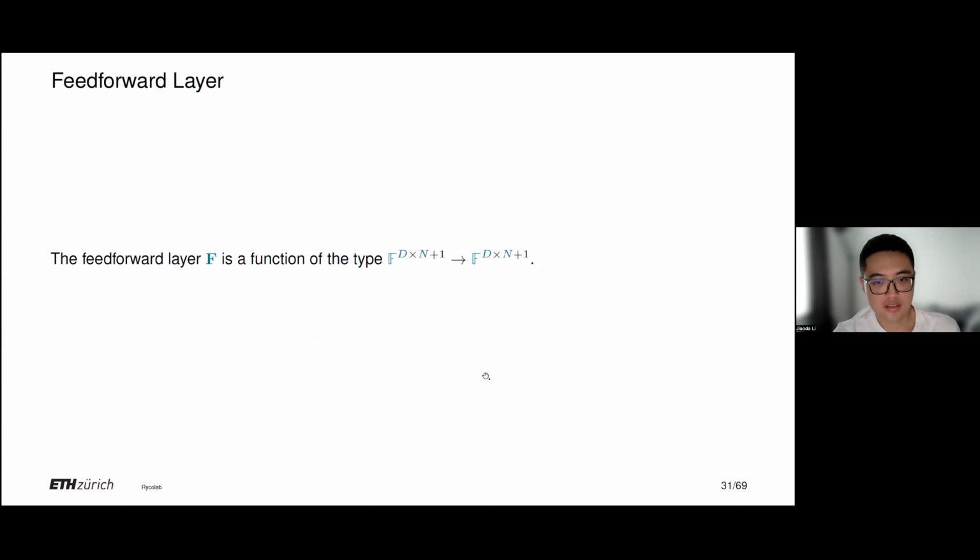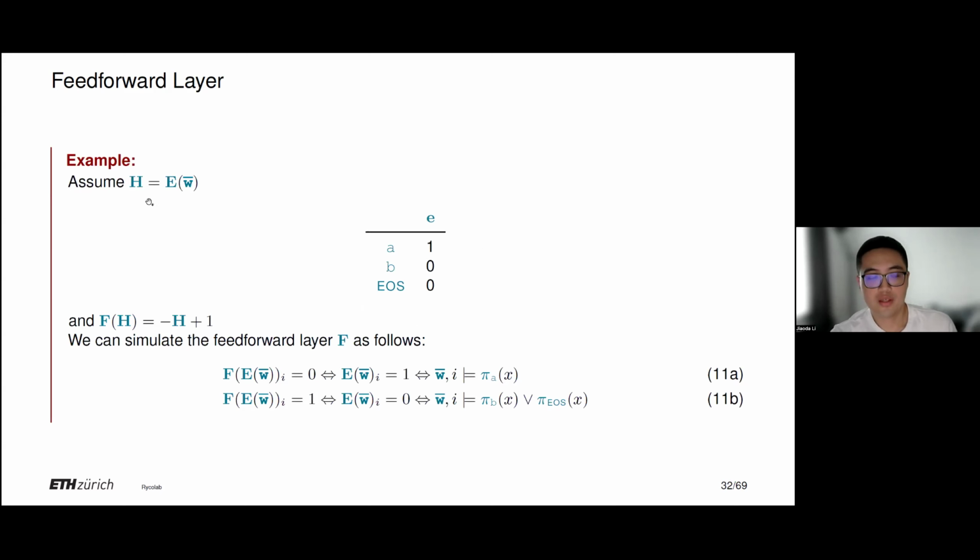The next component we consider is the feed-forward layer, which is just a function of this type. As long as it's deterministic and we have a finite input space and finite output space, we can just enumerate all the possible inputs and all the possible outputs. For example, assume the input to the feed-forward layer is the embedding we just showed, and this feed-forward layer computes a very simple function that multiplies the input by -1 and then adds 1.